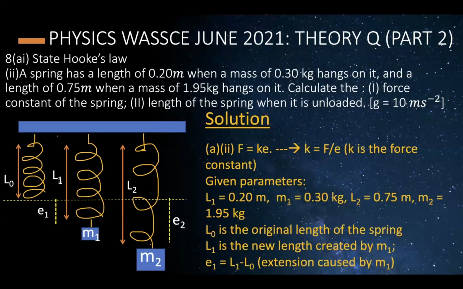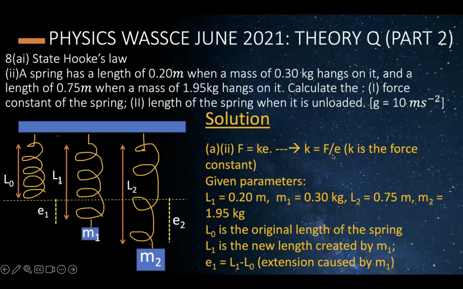Okay, now in order to solve this, I would recommend you start from the original formula of Hooke's law. Hooke's law states that the force is proportional to the constant times extension, which is what I've written here. But what you are looking for in the first question is the force constant of that spring, which is K. Now you need to rearrange this equation and make K the subject of the formula.